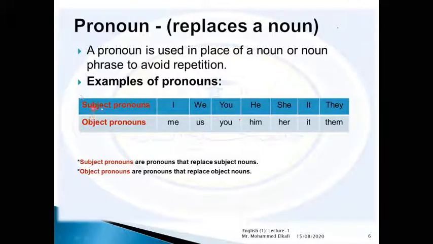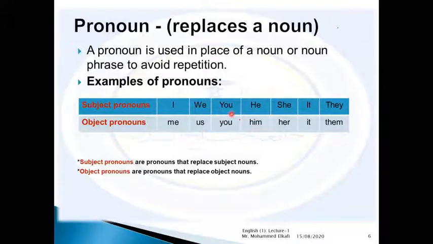As we said, subject pronouns come before verbs. Object pronouns come after the verb. So after the verb, we find me. I is the subject, which comes before the verb; me is the object, used after the verb. We is a subject pronoun, coming before the verb, and us is an object pronoun, coming after the verb.